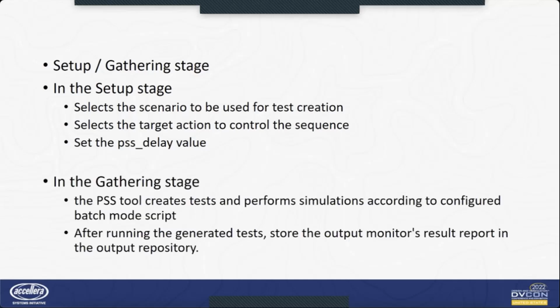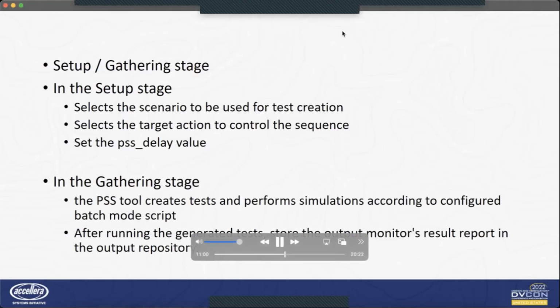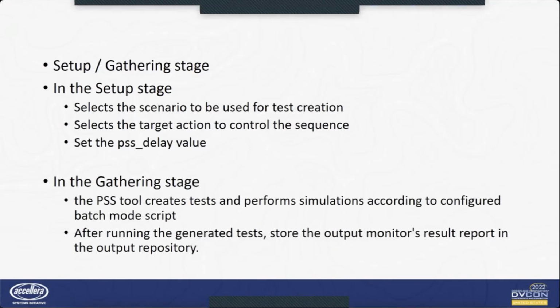In the gathering stage, a test is created using the PSS tool and the simulation is executed. Then it analyzes the results and stores the learning data to be used for machine learning in the output repository.